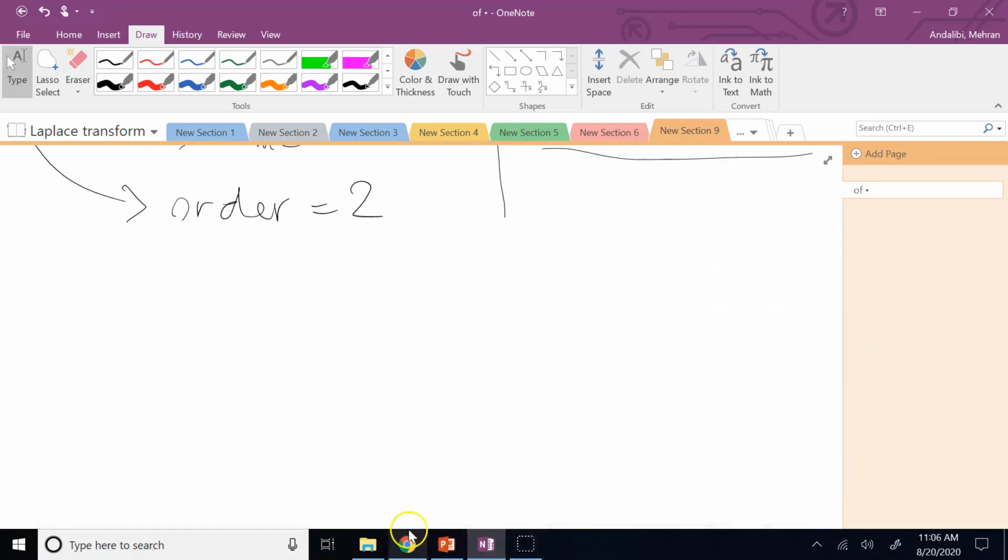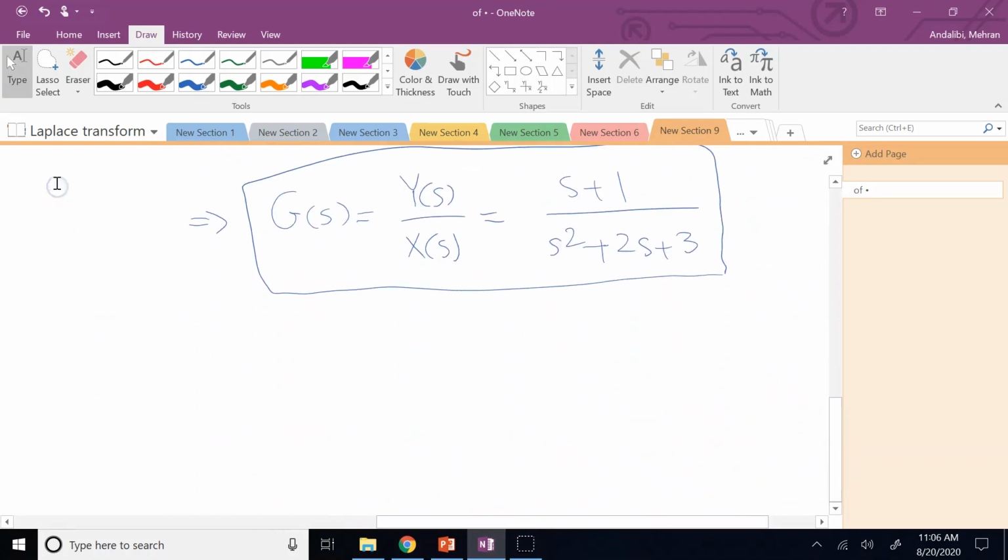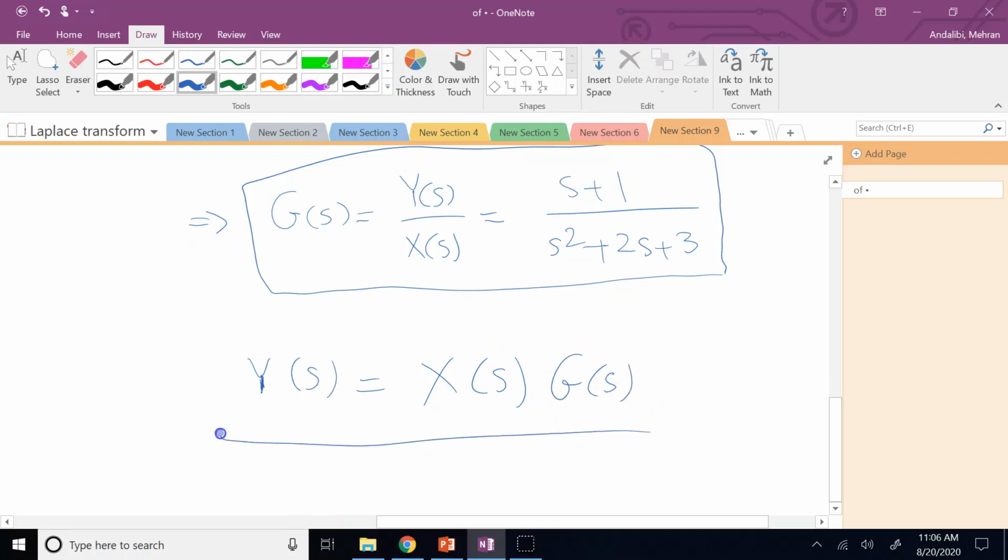So again, we have this very important rule which says from a cross multiplication, you can see the Laplace of the output is equal to what? Laplace of the input times the transfer function. Okay, this is very important because input is typically given to us. G(s) is an inherent property, a characteristic property of the system.